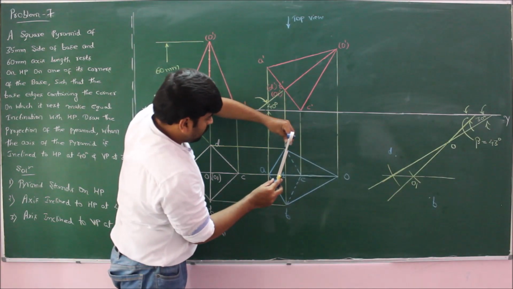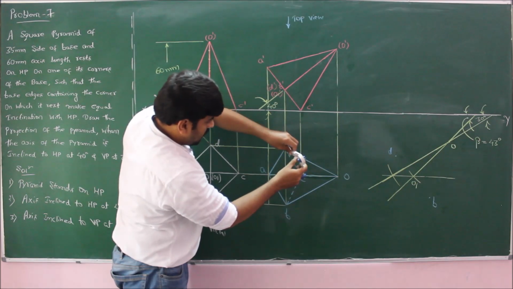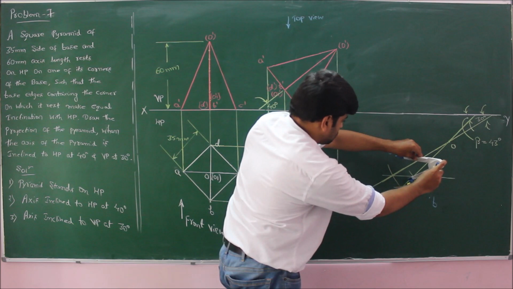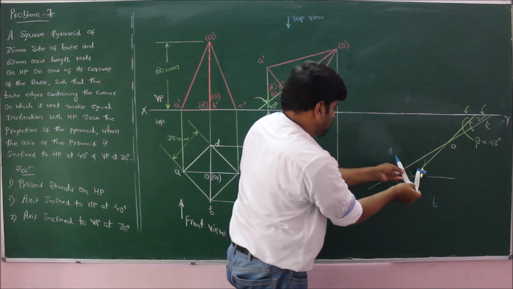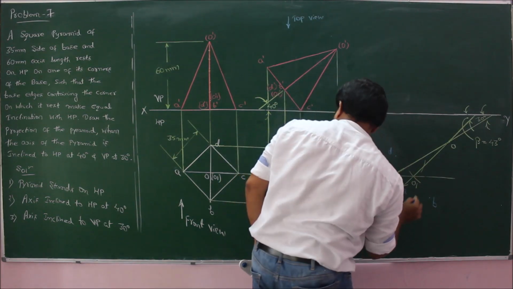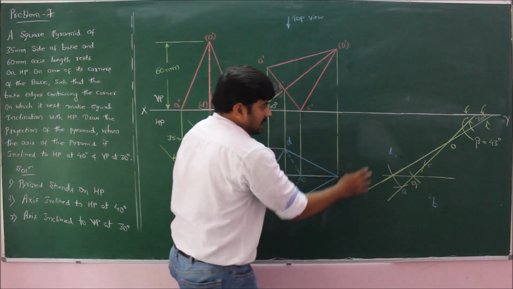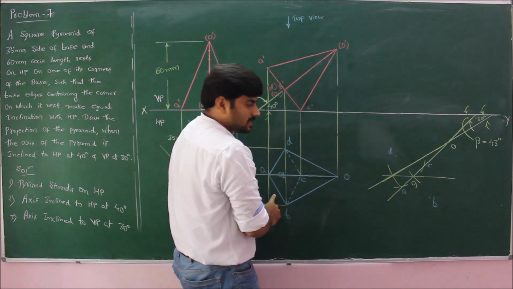Using compass, measure D to A and D to C. From point D, cut the reference, which will give us point A and C. Now join the corresponding corners using invisible and visible edges.